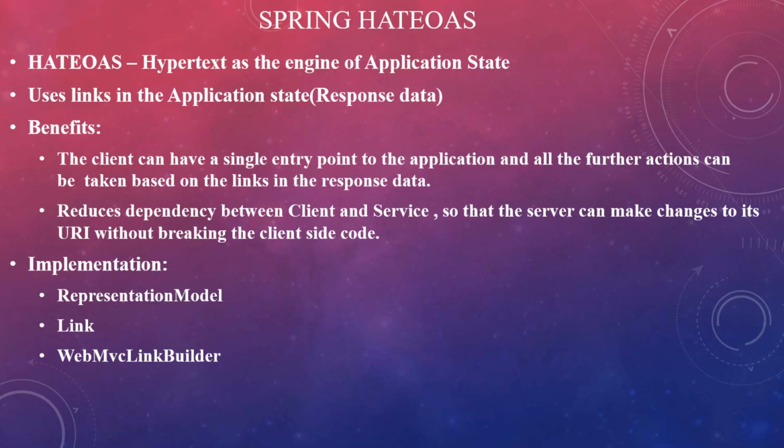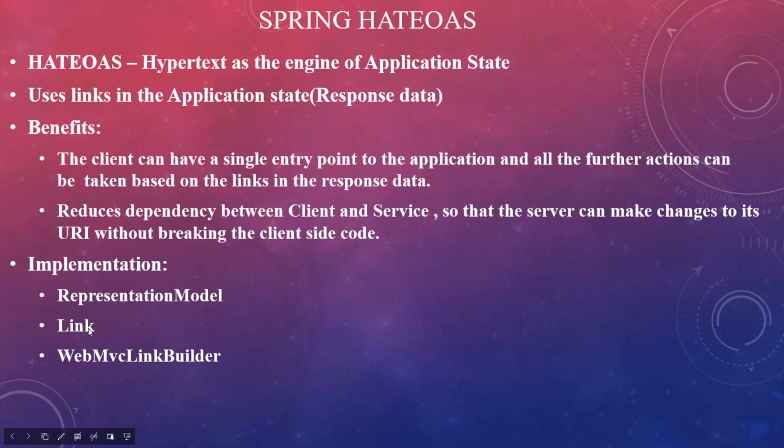We can use RepresentationModel, which is used to add links to the response data. Then we have Link, which can be used to create the endpoint URL, that is the path. And then we have WebMvcLinkBuilder, a builder class which is used to create the Link object.